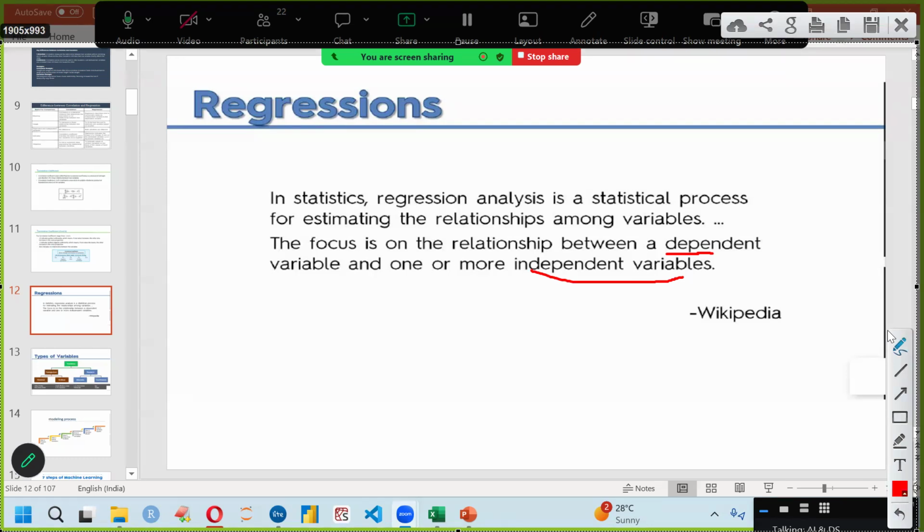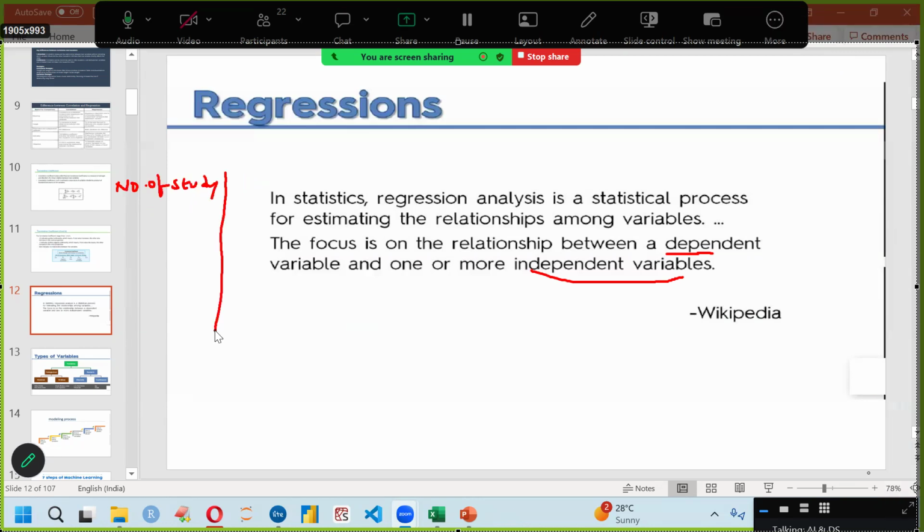For example, I have a data set like this, with number of study hours and percentage. If the number of study hours is 3, the percentage is around 65.